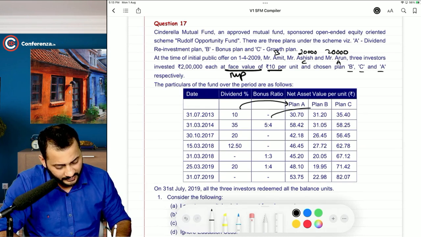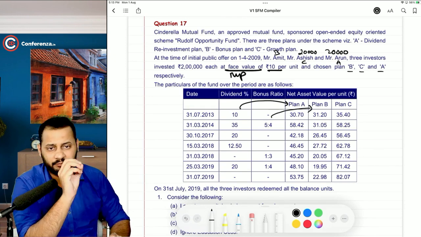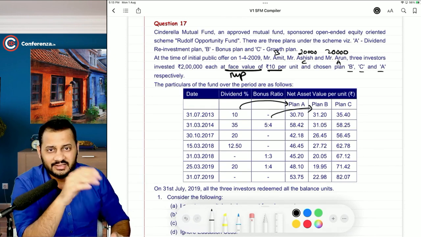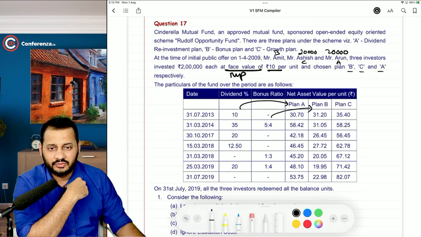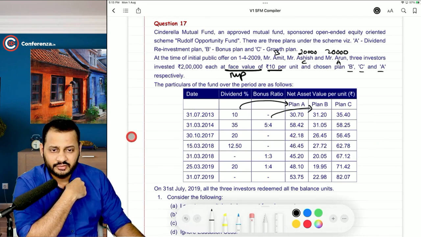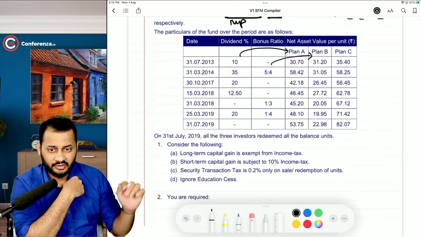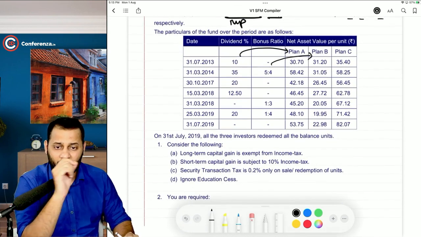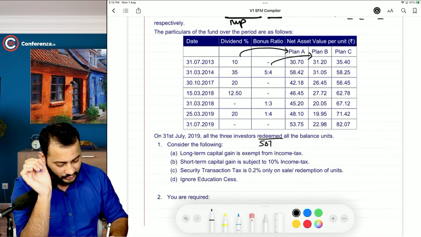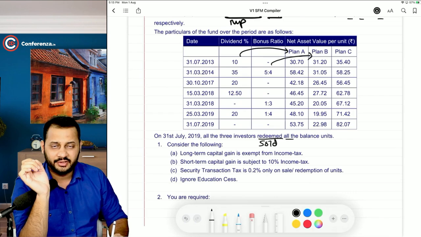Bonus is related to plan B only, and there is nothing for the plan C because the only objective of plan C is to increase the NAV. So this is the dividend percentage. This is the bonus ratio. These are the plan ABC's net asset value. And on 31st July 2019, all the three investors redeemed, sold all the balance units.